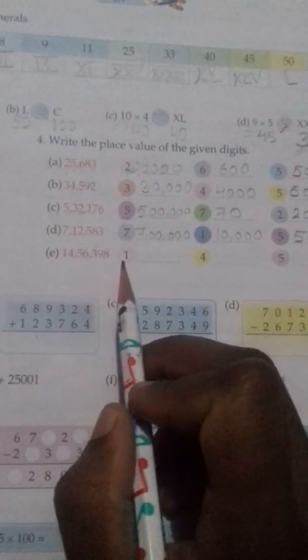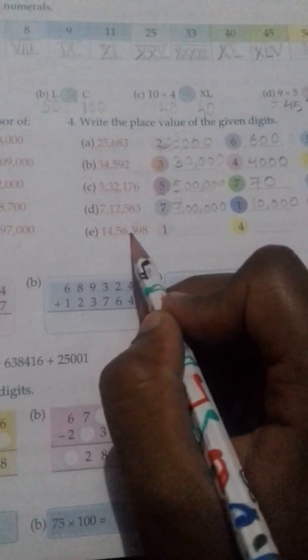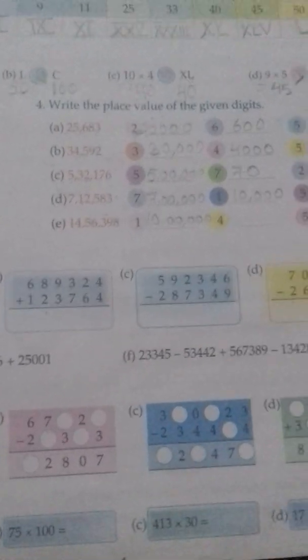So the last question on place value system. This is the place value of 1. The position of 1, you will see ones, tens, 100, 1000, 10,000, lakh, 10 lakh. 10 lakh means 1 is 10 lakh. 1 0 0, then 0 0 0. Then place value of 4.